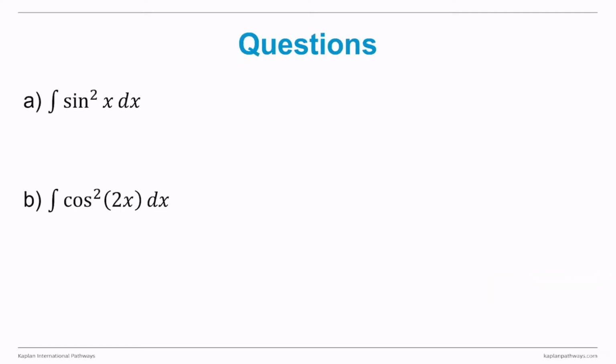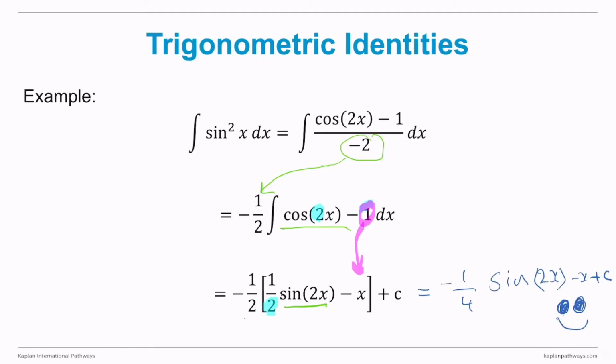This is the example, which I already explained. So now we know for the sine squared what we use: cosine 2x minus 1 divided by minus 2.